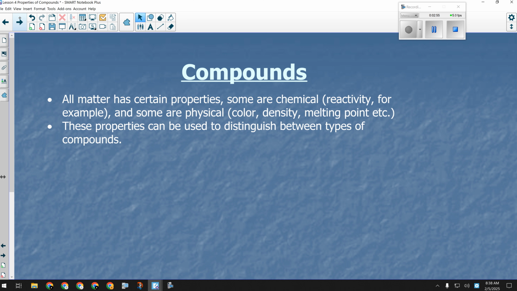So let's do an example here. If I'm talking about the physical properties of something we see and use every single day, water. What would some physical properties of water be? Basically, describe water to me. It's clear. Okay, it's clear, so it's colorless.